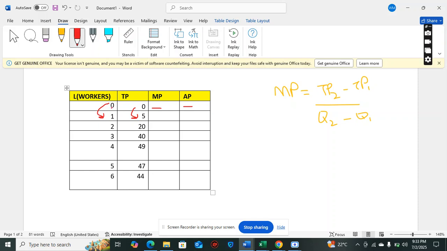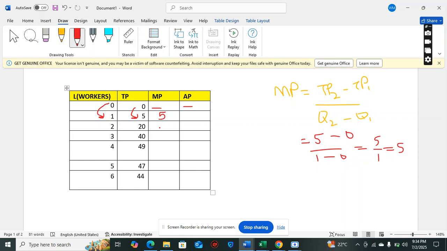Let me put it like this: your new total product is 5, your old total product is 0. Your new quantity of workers is 1, your old quantity of workers is 0. You get 5. So this first worker you've hired is bringing an additional 5 shirts being produced in the company.